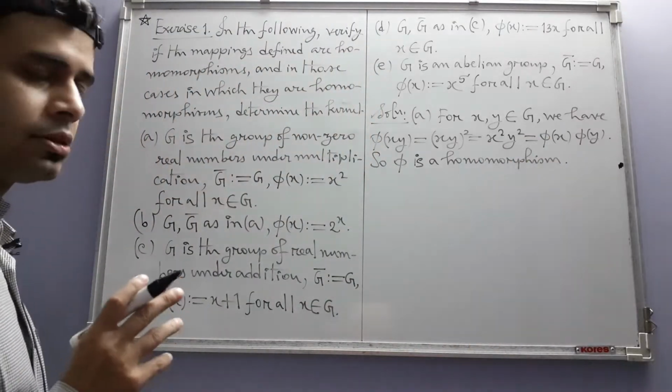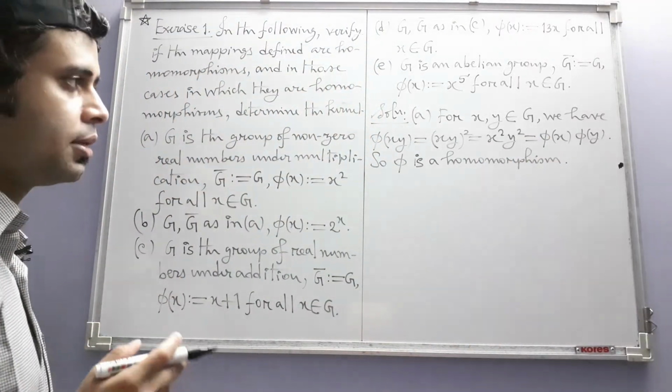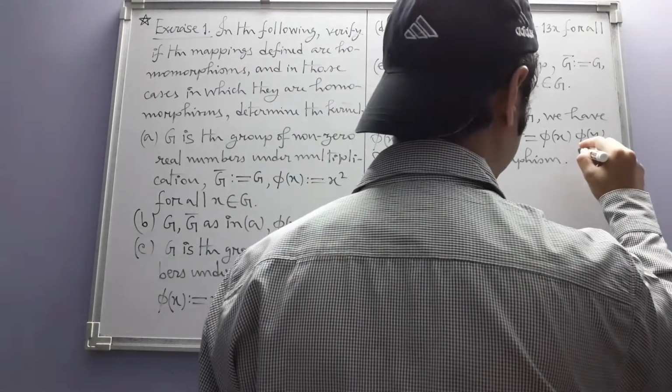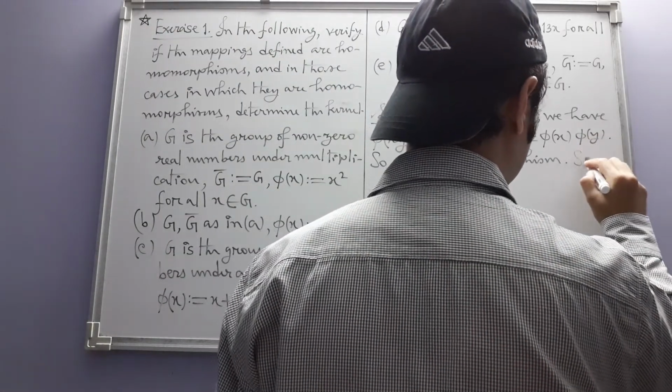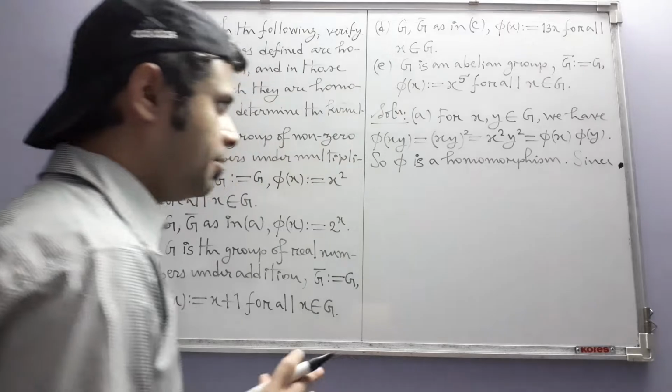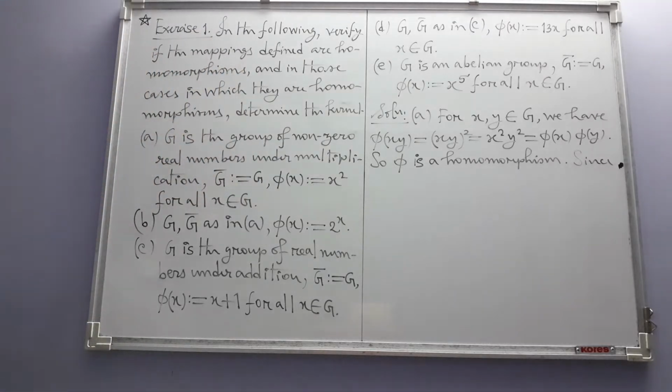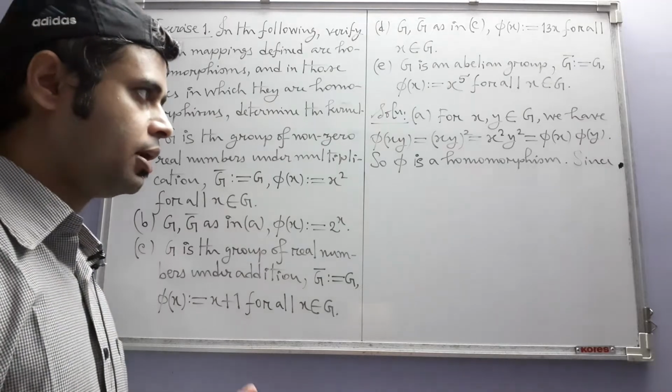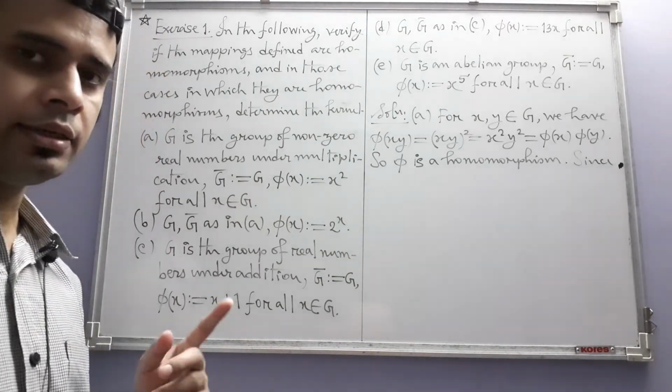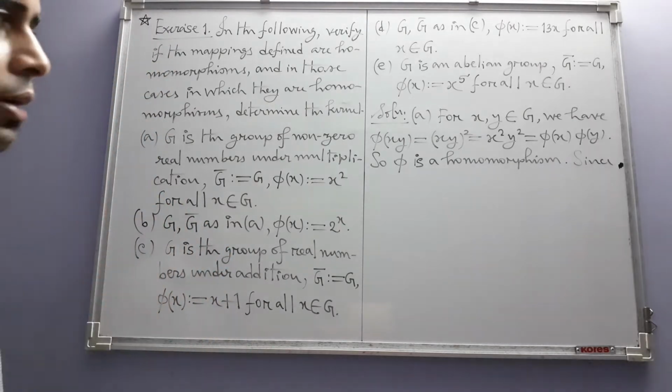Now we want to determine the kernel of phi. Keep in mind that both G and G bar are the multiplicative group of non-zero real numbers. So there the identity element is the real number 1.